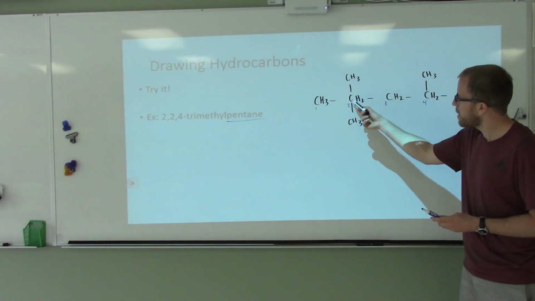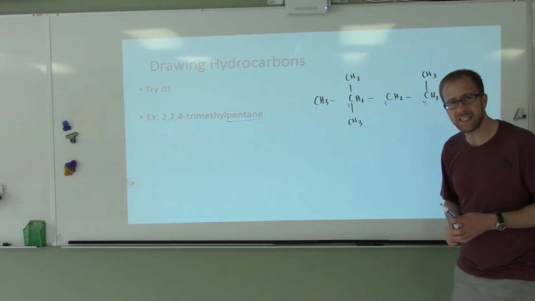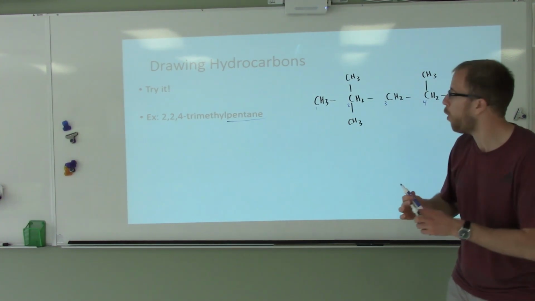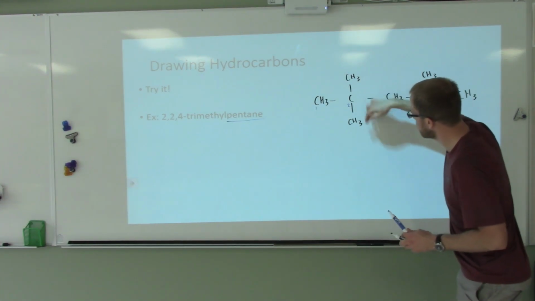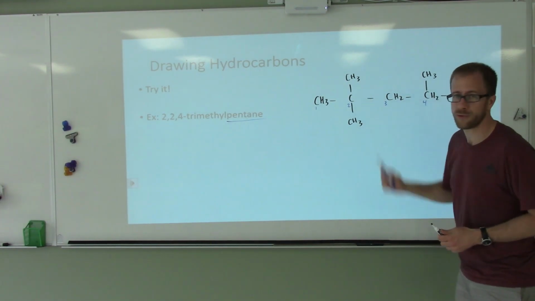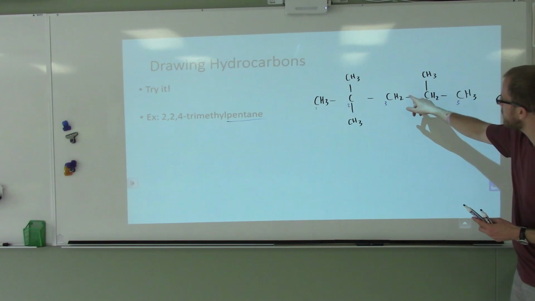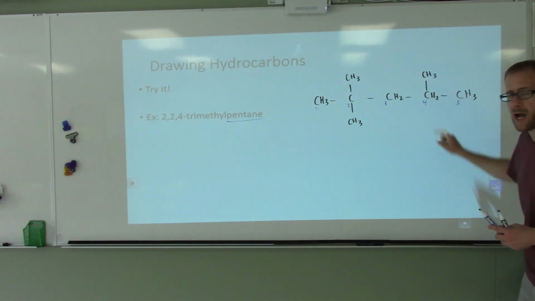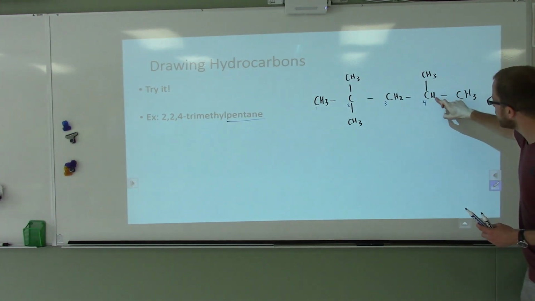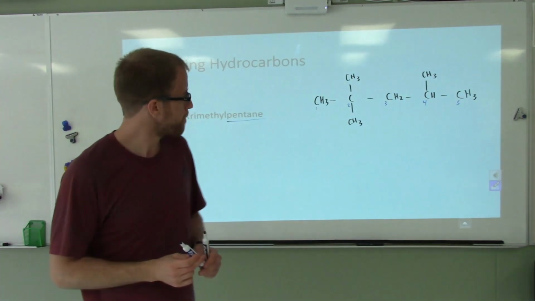Well, this carbon here now has 1, 2, 3, 4, 5, 6 bonds. It can only make 4 bonds, therefore you need to remove that, right? There is no other hydrogen bonded to this carbon. Here, this carbon now has 1, 2, 3, 4, 5 bonds. It only needs 1 hydrogen, okay?